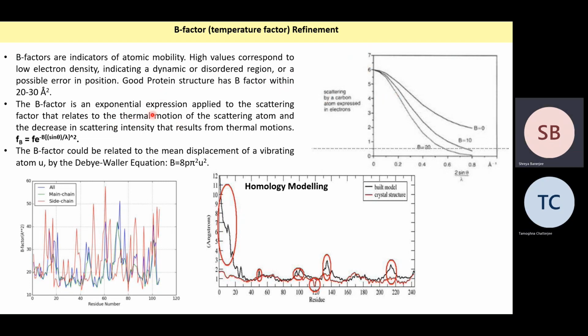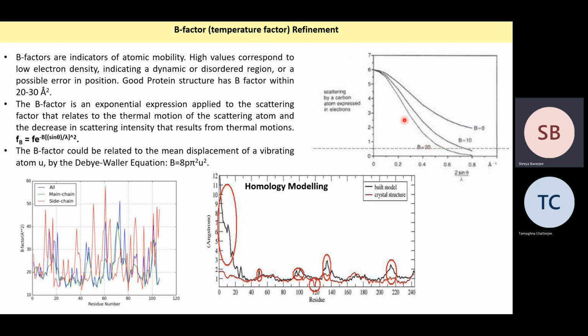The B factor is an exponential expression applied to the scattering factor that relates to the thermal motion of the scattering atom and the decrease in scattering intensity that results from thermal motion. So basically, if you have a large B factor, like see, this is B0, B10, and B20.